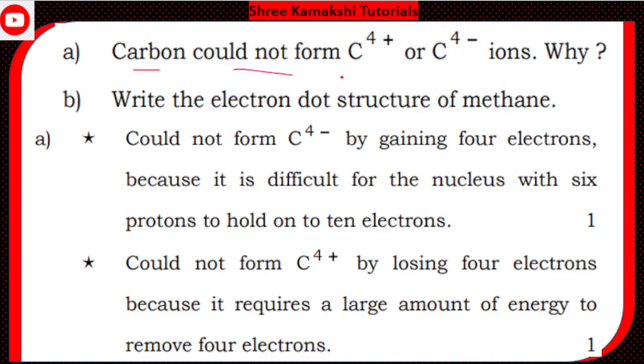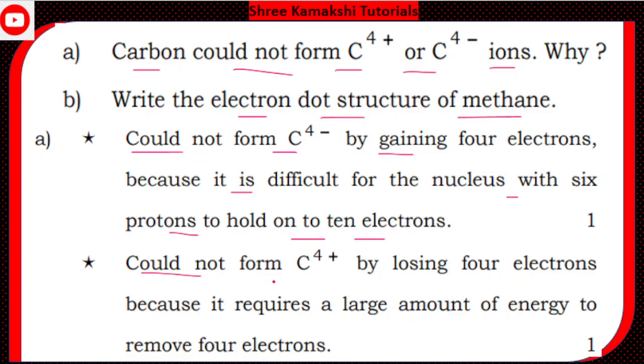The next question is: carbon cannot form C4+ or C4- ions. Why? Write the electron dot structure of methane. Carbon cannot form C4- by gaining 4 electrons because it is difficult for a nucleus with 6 protons to hold on to 10 electrons.